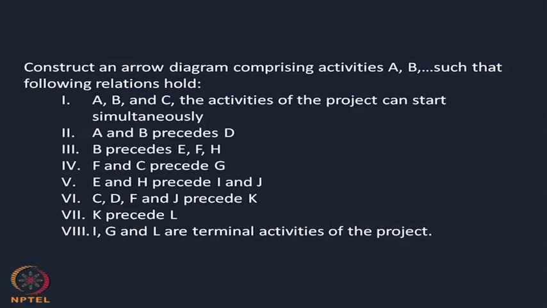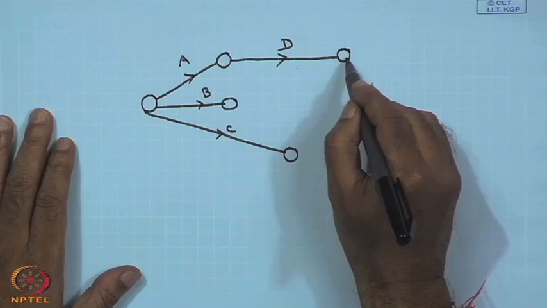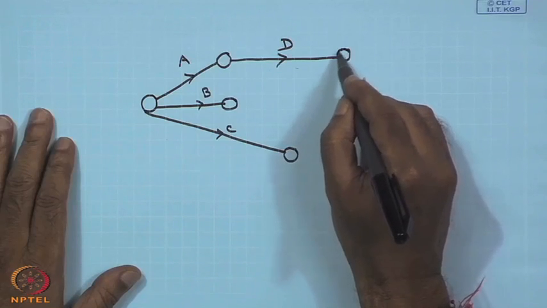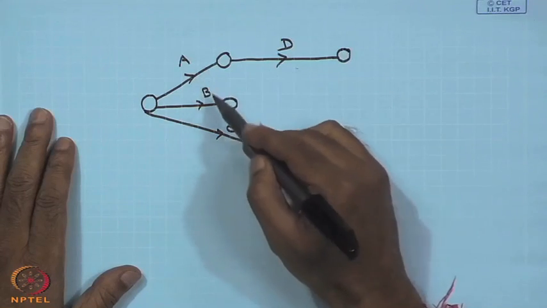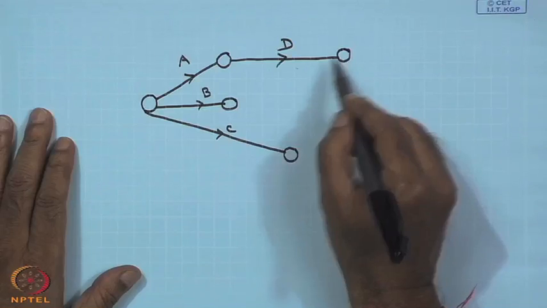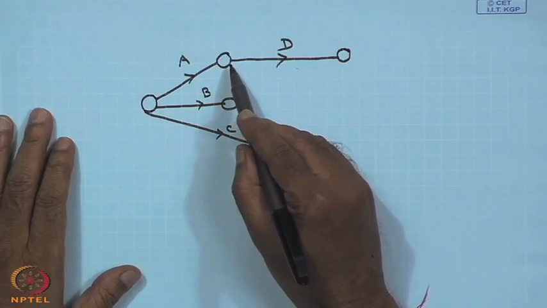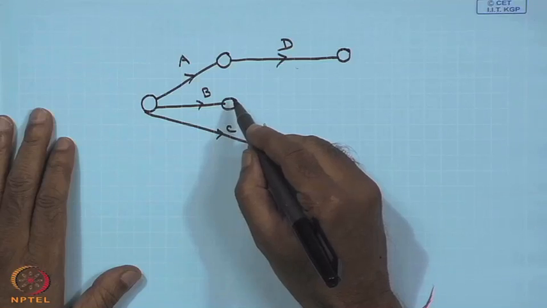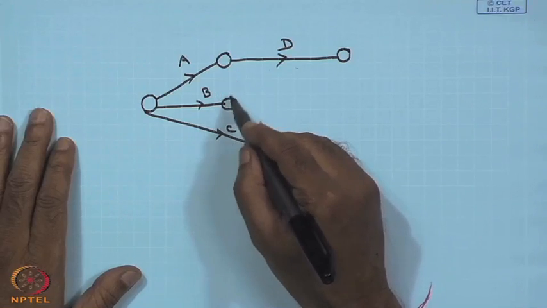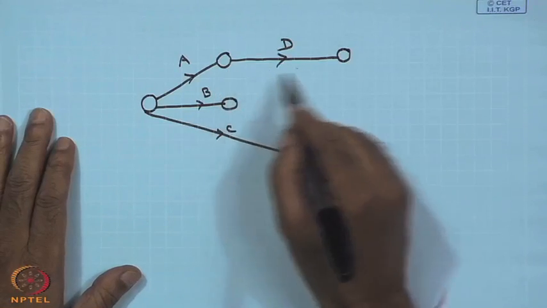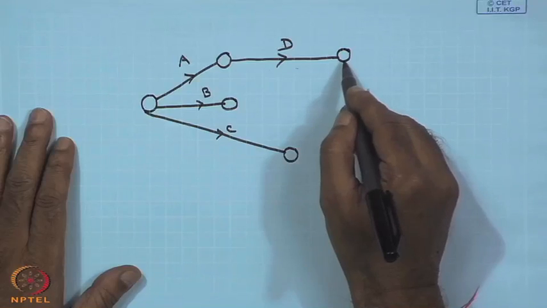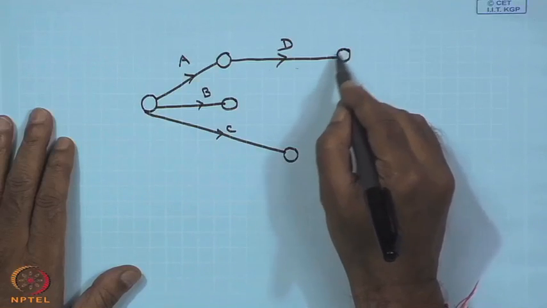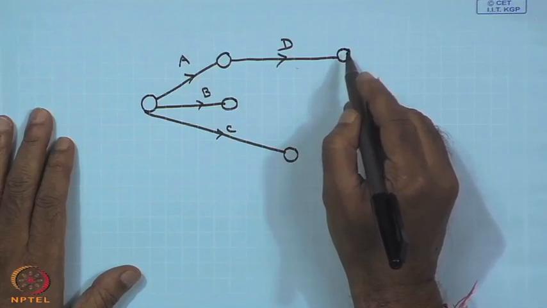A and B precede D. That is, before starting this D, activities A and B should be completed. From here it is quite obvious that A has been completed, but I do not know whether B has been completed or not, and unless B has been completed I cannot start this activity. So, what do I have to do?